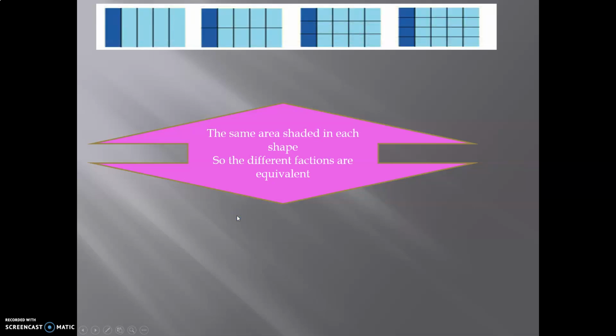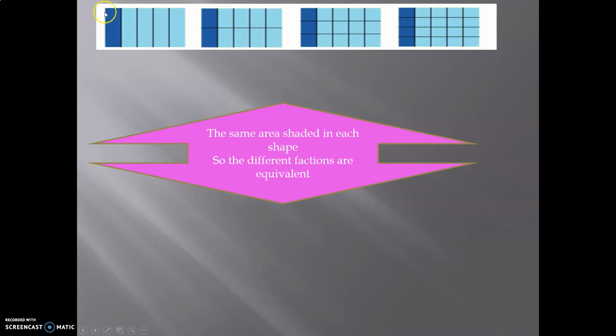Let us see more examples. Can you see this rectangle? I colored 1 out of the 5 parts in dark blue. Here, this rectangle. As you can see with your eyes, it is the same rectangle, but I cut it in a different way. Here, I cut it into 10 equal parts.